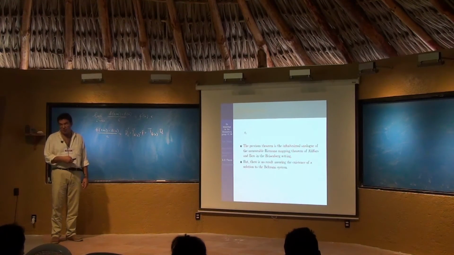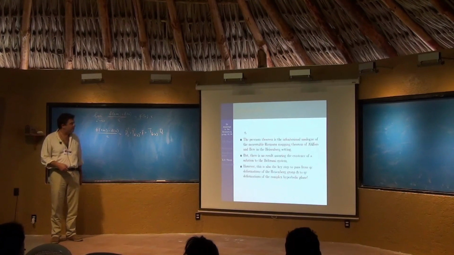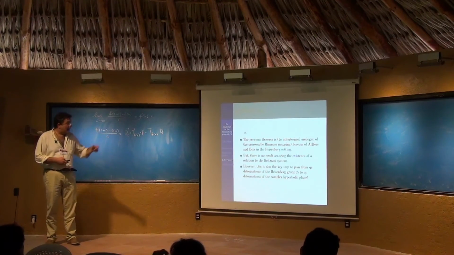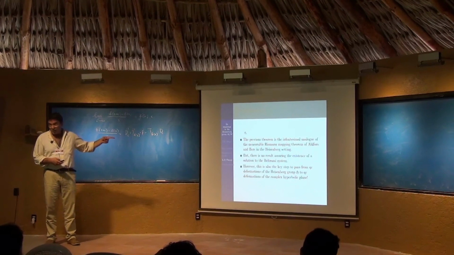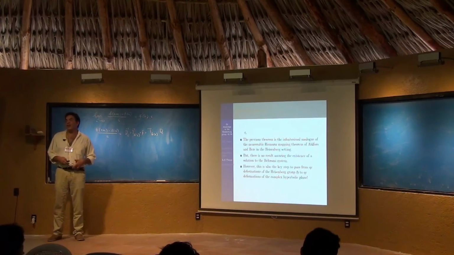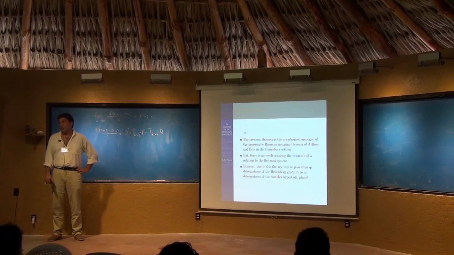There is no solution to the Beltrami system. There's no existence theorem, or if you want, there is no nice existence theorem, to my knowledge. But our measurable Riemann mapping theorem is the key step to pass from quasi-conformal deformations of the Heisenberg group into quasi-conformal deformations of the complex hyperbolic plane.